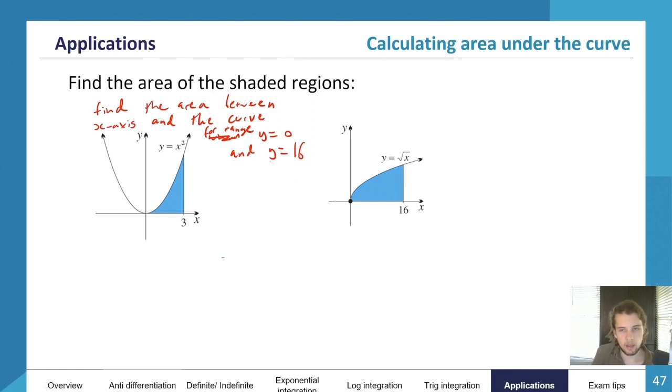So that's saying, okay, we have our line here. At some point, y is equal to 16. At some point, y is equal to 0. Now, we want to find the area on the line between these 2 points.